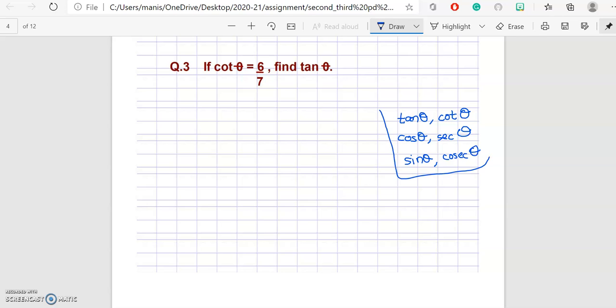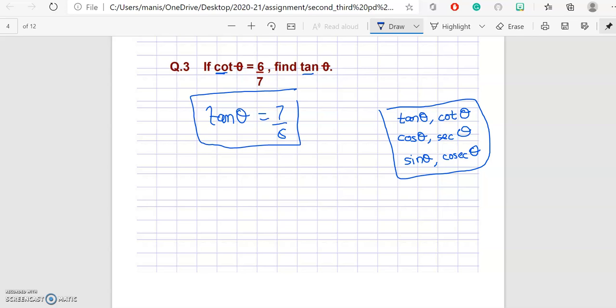From this chart, I have cotangent and tangent, both reciprocal. So I will just flip it. My answer is 7 over 6. That's my answer for this problem. Let's go to the next question.